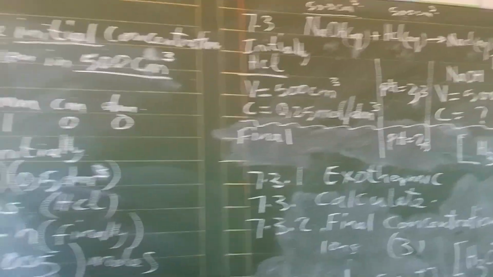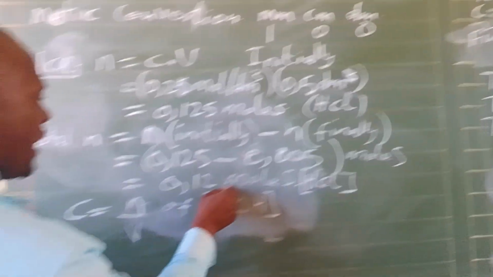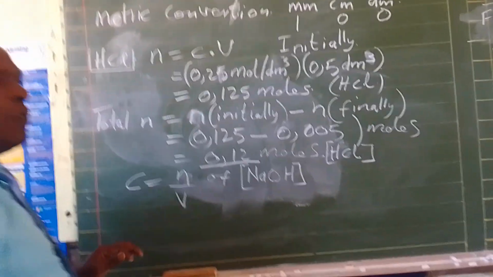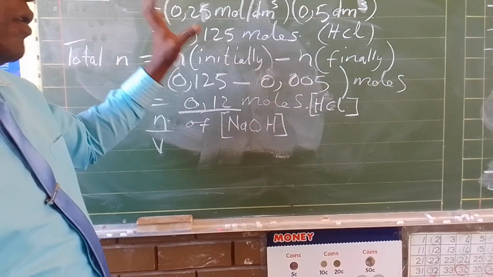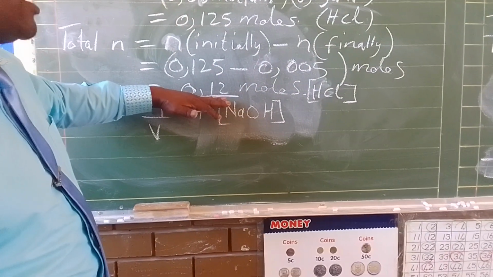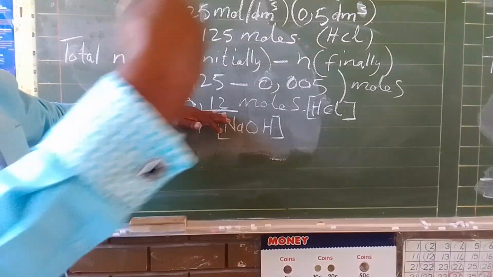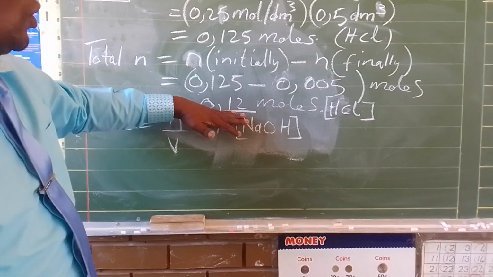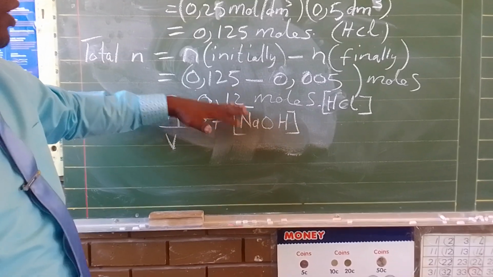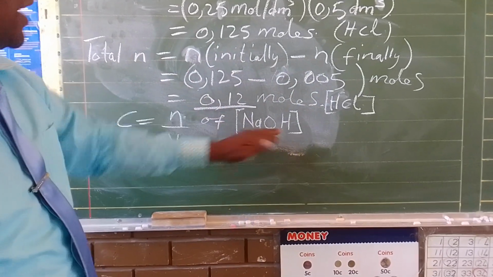That's where we have taken it from. It is the correlation of the chemical reaction. The number of moles of the hydrochloric acid must be consumed by the same number of moles of sodium hydroxide. So the same ratio goes to the sodium hydroxide.